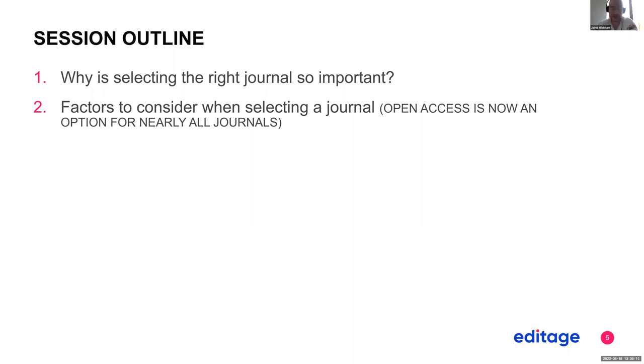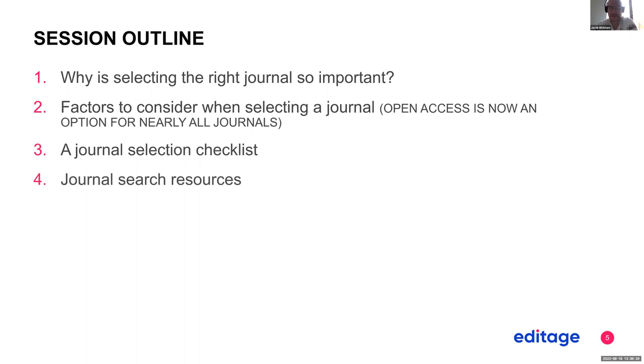Most journals are called hybrid journals because they offer open access and may also be a subscription journal. So I'll share with you a journal selection checklist, and there are some nice journal search resources. You can type in the title of your paper and some keywords from your abstract, and you can have a side-by-side comparison of some journal suggestions to publish your research.